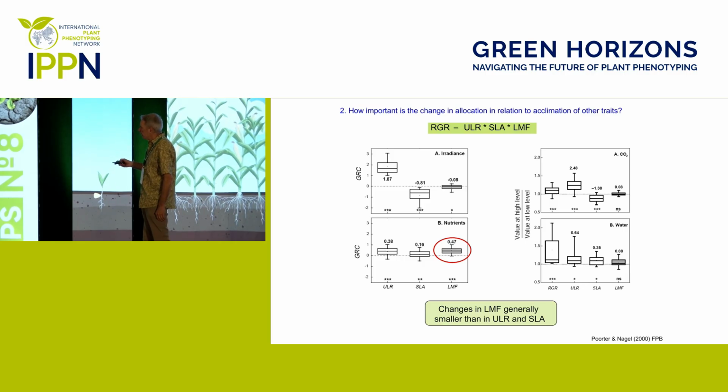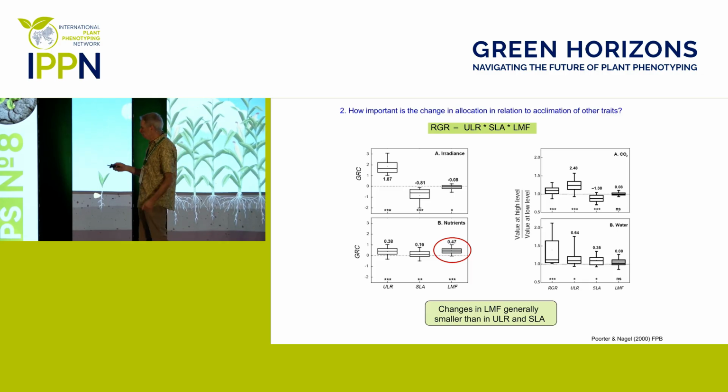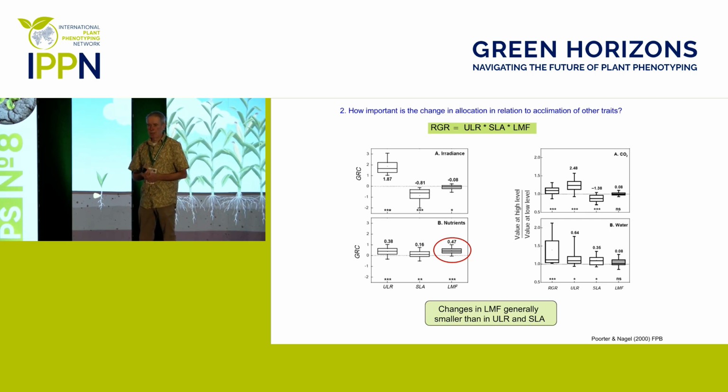The specific leaf area can determine quite a lot, in the sense that they deviate strongly from this dotted line. But the allocation of biomass to leaf, the leaf mass fraction, is generally very close to the line, which means that it's quantitatively not very important. Only when you look at the response to nutrients do you see that biomass allocation is the most relevant response in determining the relative growth rate of the plants.